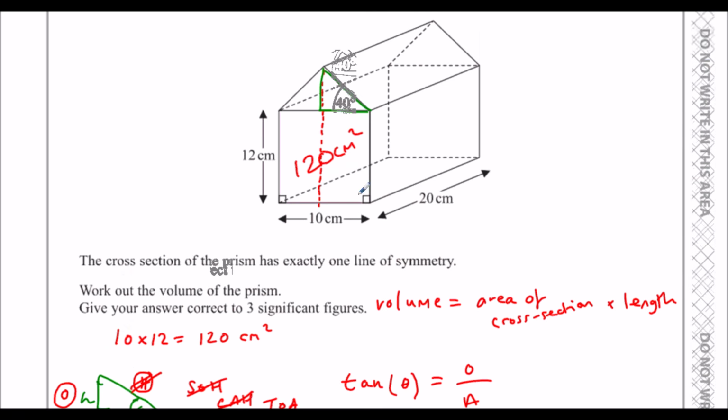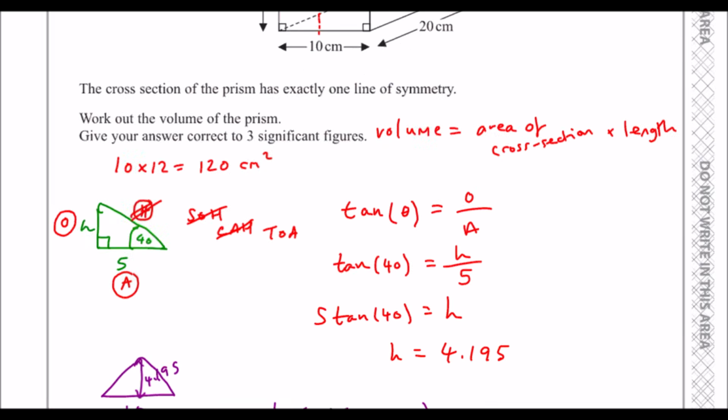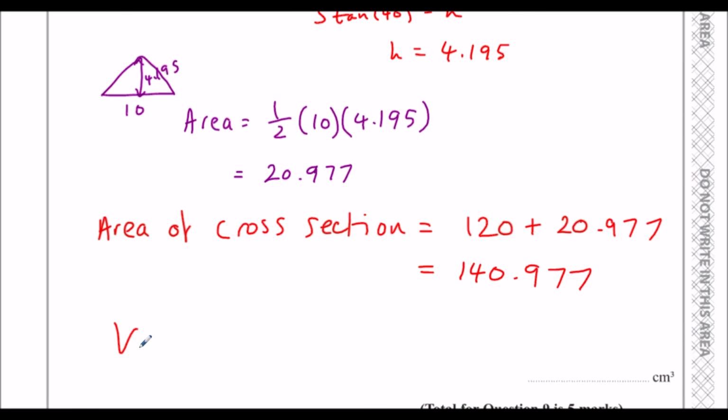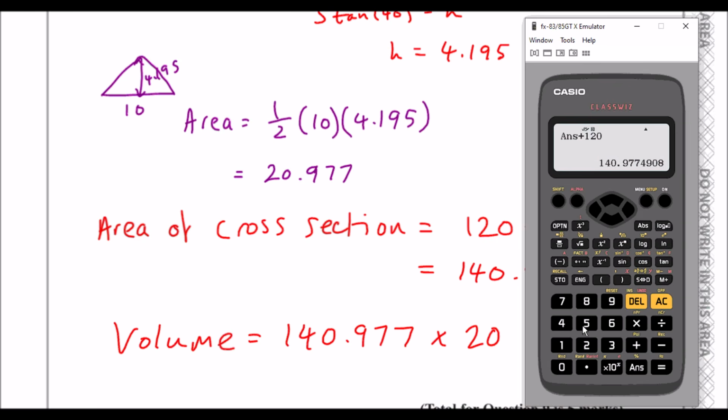And the volume is area of cross-section times how far back it goes, which is 20. So volume is my last answer times 20.